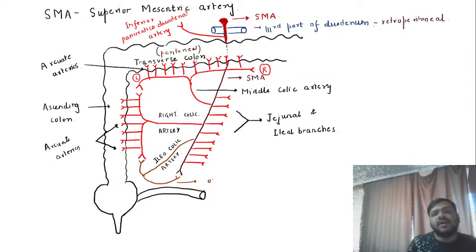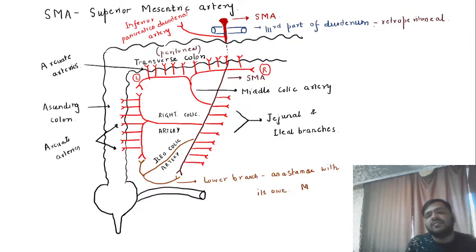This is the lower branch. And remember, the lower branch anastomoses, ये खुद जाकर मिल जाती है superior mesenteric artery से. It anastomoses with its own superior mesenteric artery terminal branch.